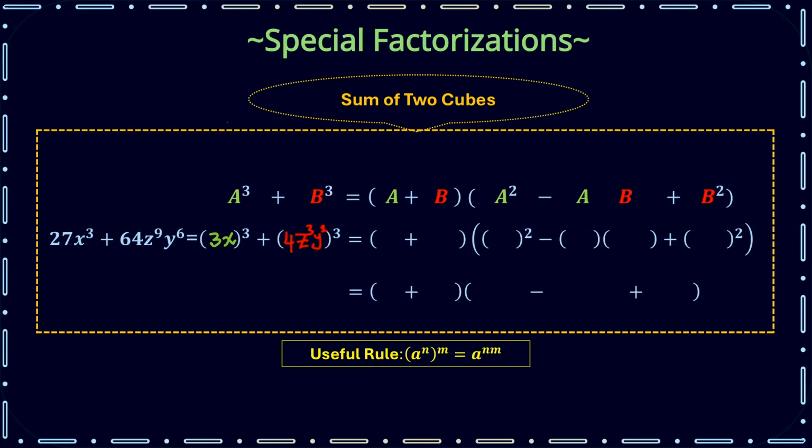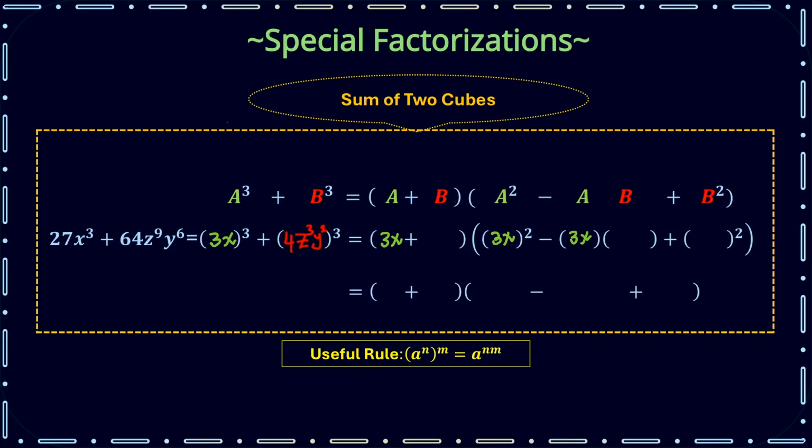So we have identified A and B. You're going to refer to your formula, and anytime you see an A, you're going to replace that with 3x. Okay, so there we have 3x and 3x inside the bigger parentheses.